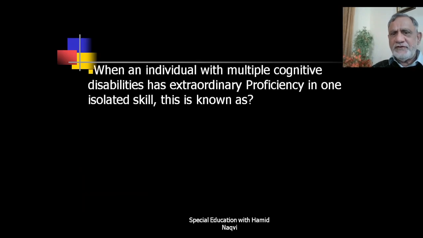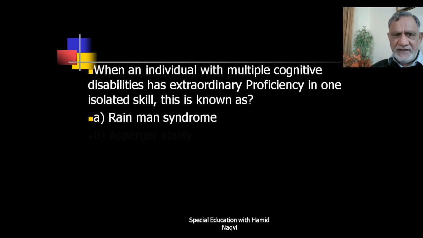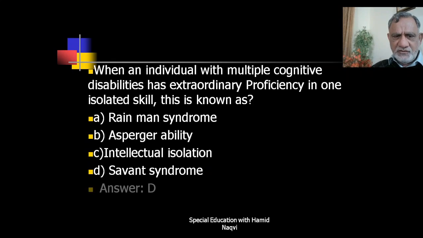When an individual with multiple cognitive disabilities has extraordinary proficiency in one isolated skill, this is known as Rain Man syndrome, Asperger's ability, intellectual isolation, or Savant syndrome. It is called D, that is Savant syndrome.